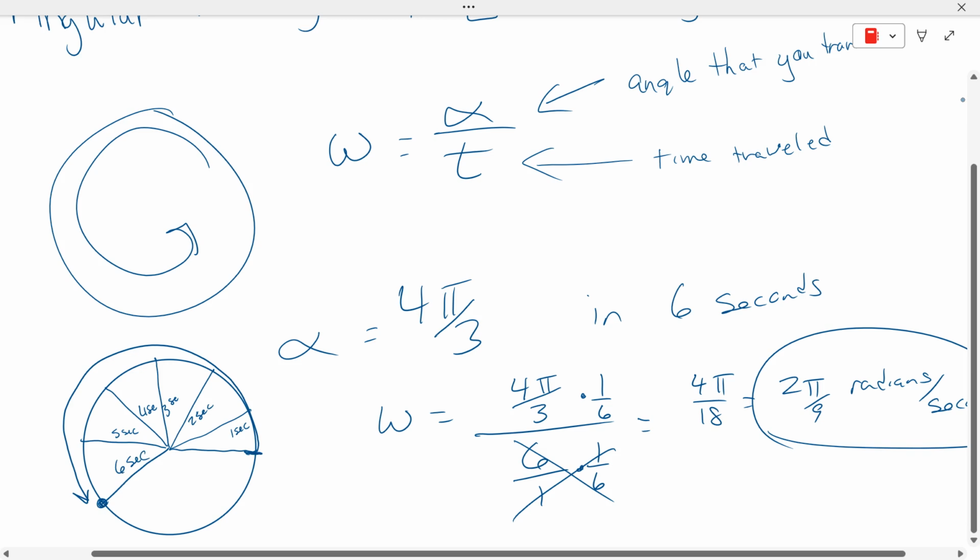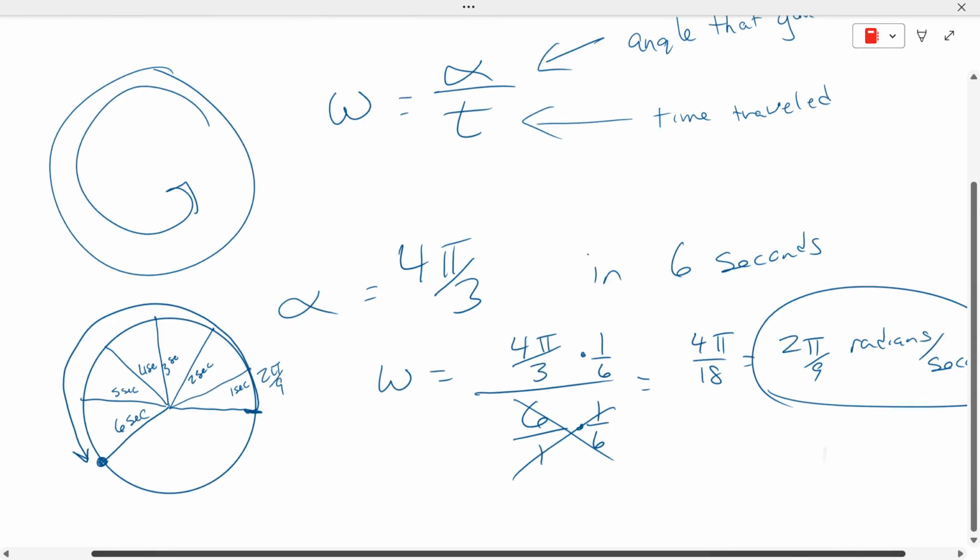So each of these slices would be 2 pi over 9 radians. Because in 1 second we went 2 pi over 9. In the second second we went another 2 pi over 9 or 4 pi over 9. In the next one we went another, which would be 6 pi over 9, which is the same as 2/3 pi, and so on.